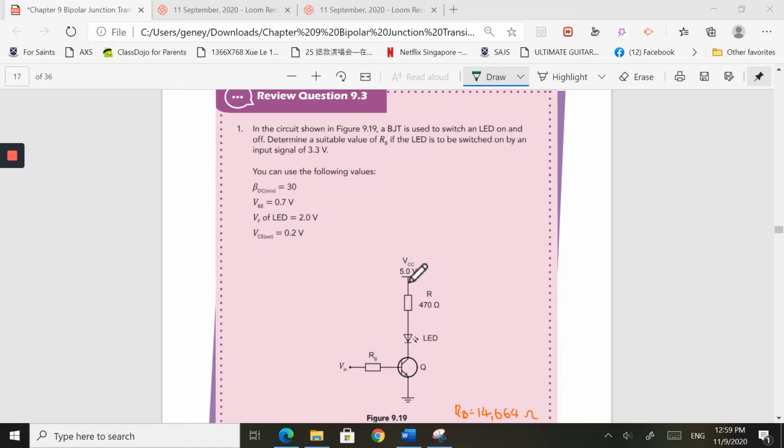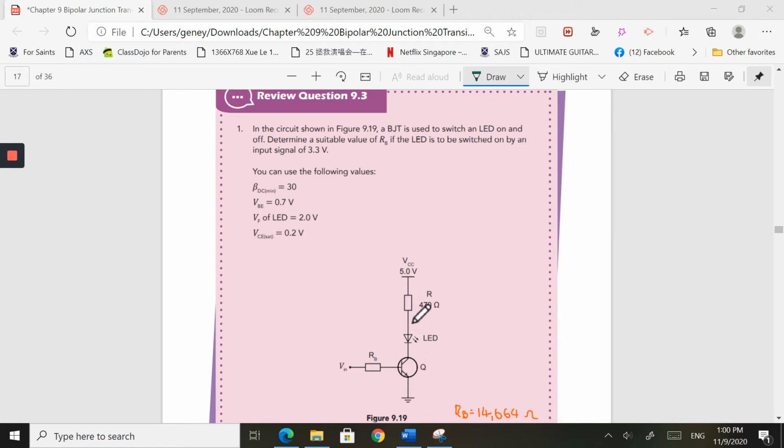I want full current, full power coming through here, and this LED will be at full brightness. To use BJT speak, I'm going to drive it into saturation. Driving into saturation means I'm going to have the full amount of current flowing down here. So just remember that.